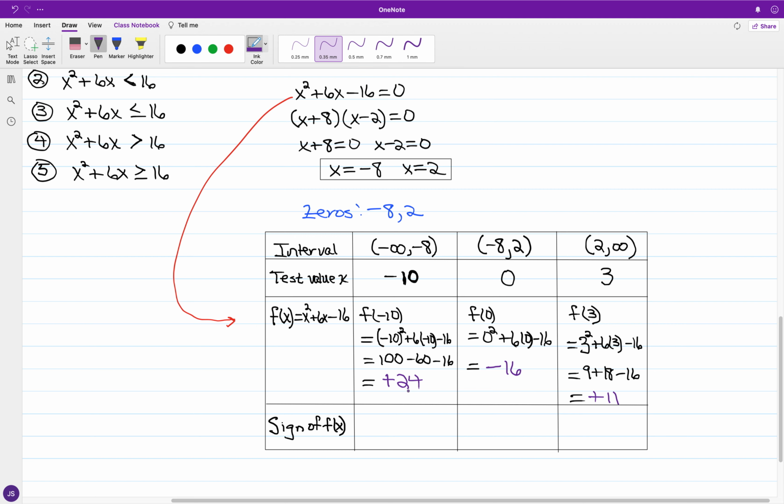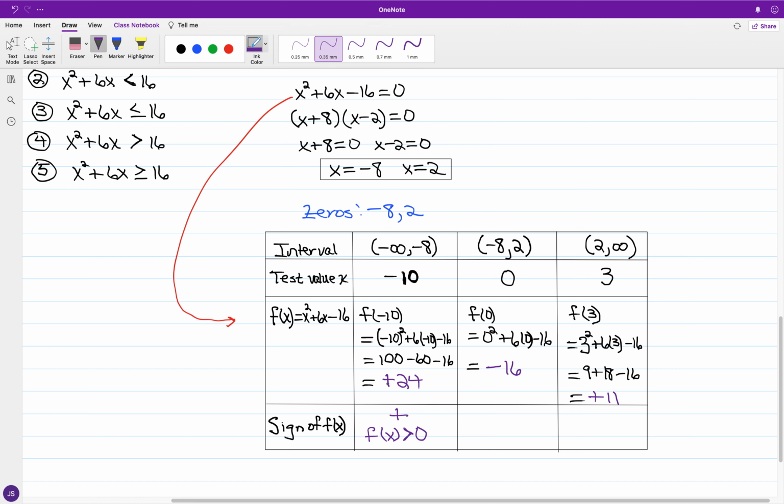And this is just a sample indicating that anything I plug in for x that is less than -8, the output is going to be positive. If I plugged in -100 or -222, the output is still going to be positive. So in this case, we have that f of x is greater than 0.